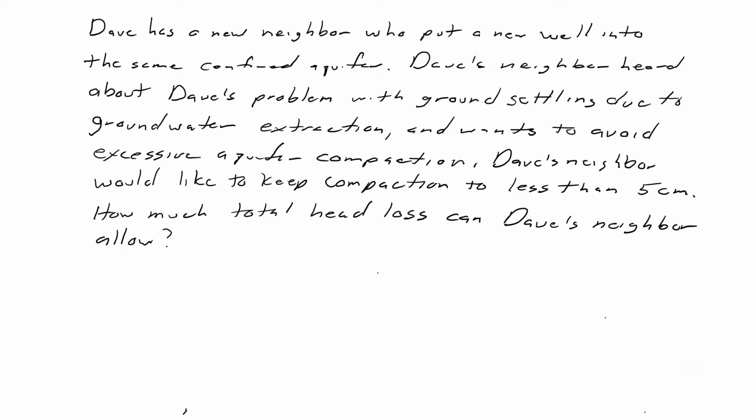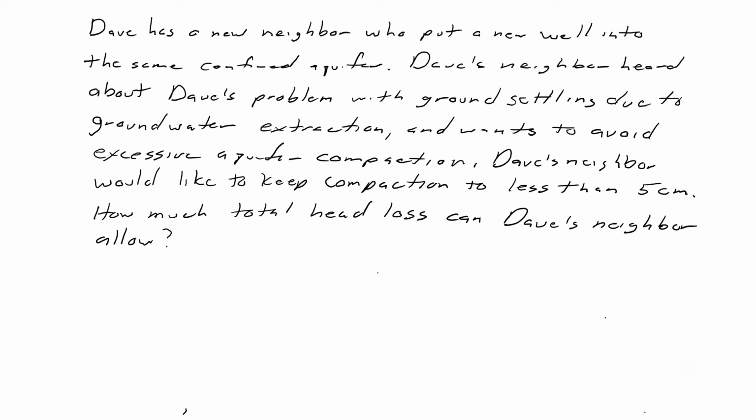So this particular problem I left you with plays off of several previous problems, and at first blush it looks pretty simple, but there's actually a number of steps where you have to go back, use previous equations or previous data. So let's look at this question again.